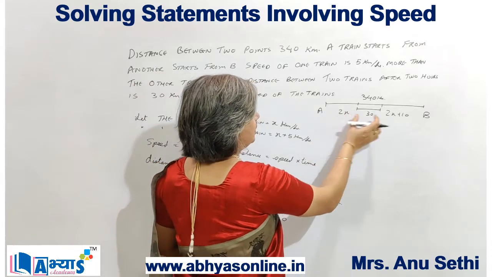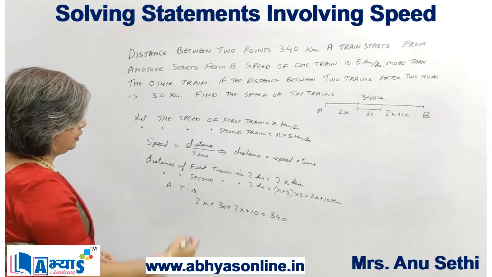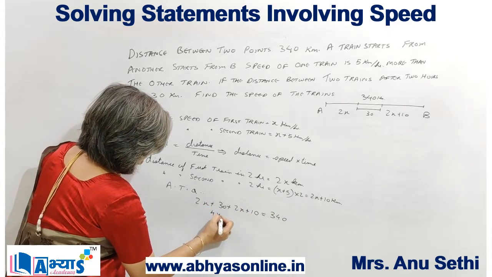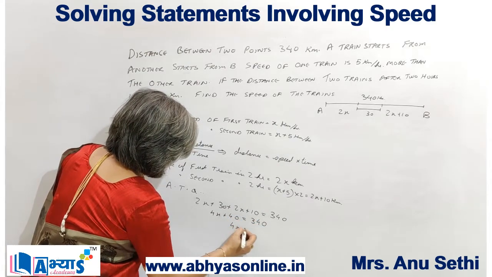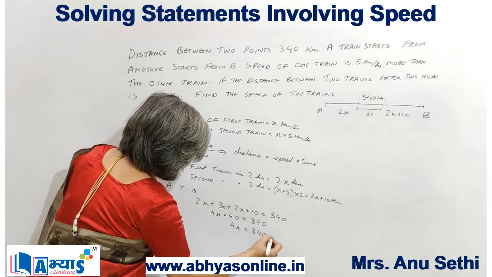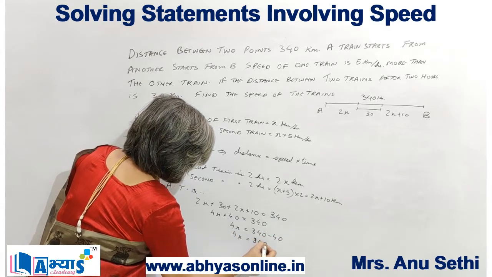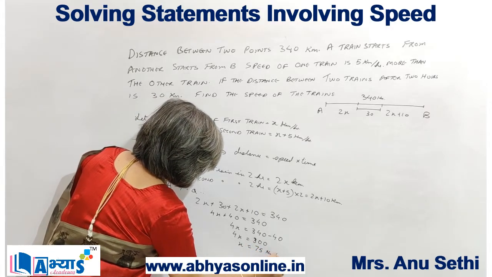That means 4x plus 40 is equal to 340, or 4x is equal to 340 minus 40, 4x is equal to 300, or x is equal to 75 kilometers per hour.